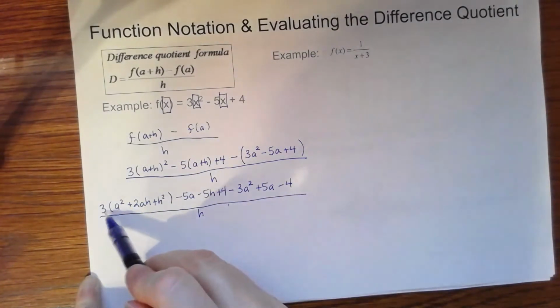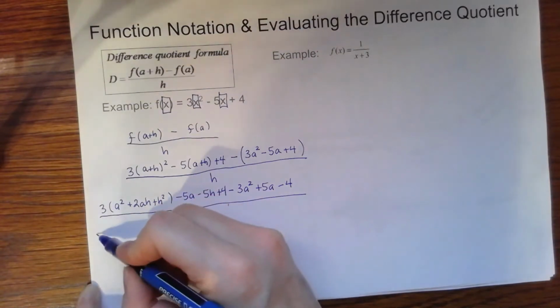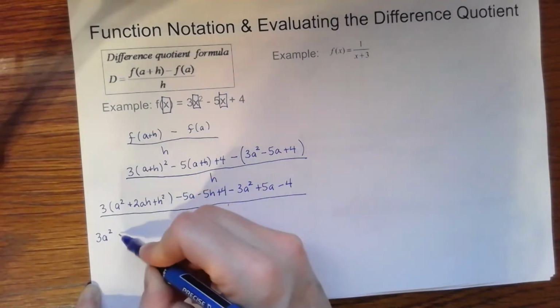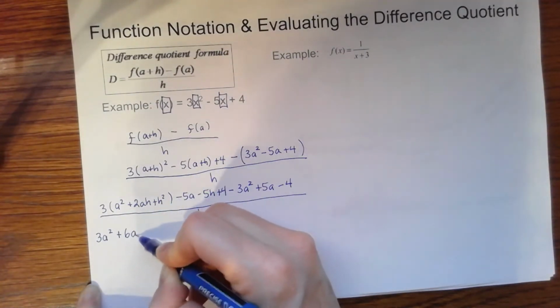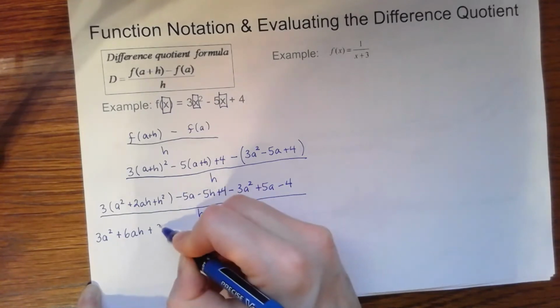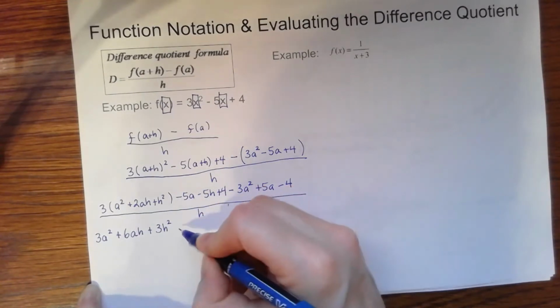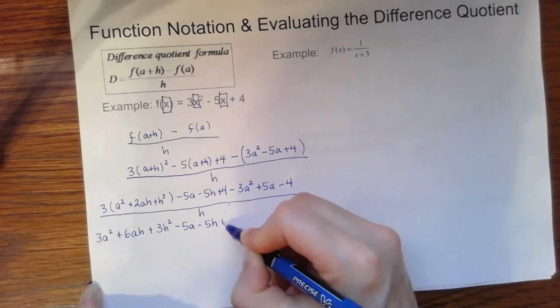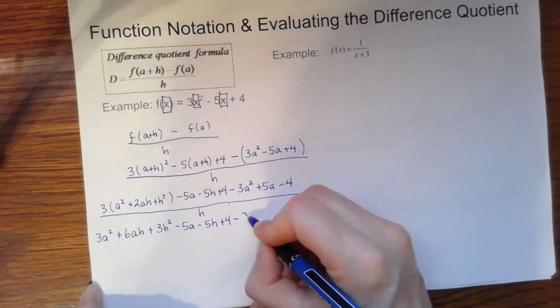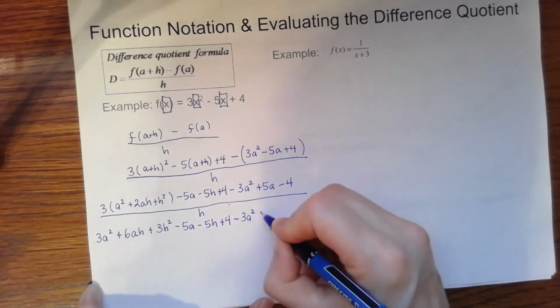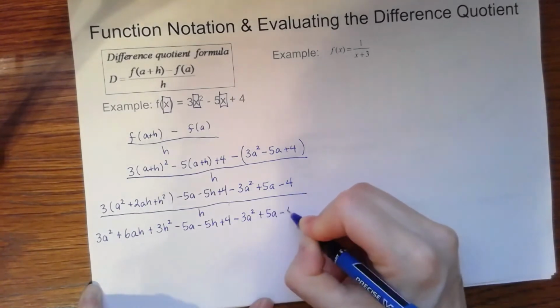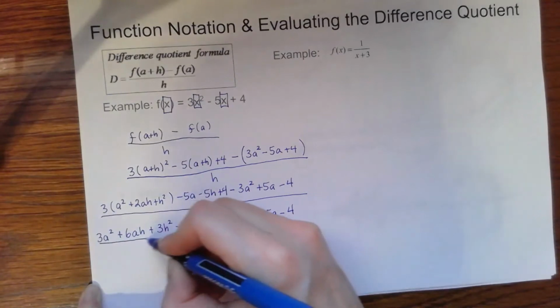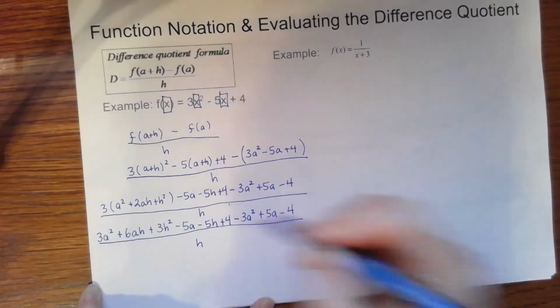Okay, let's go ahead and now distribute the 3. So we've got 3a squared plus 6ah plus 3h squared minus 5a minus 5h plus 4 minus 3a squared plus 5a minus 4, all of that over h.